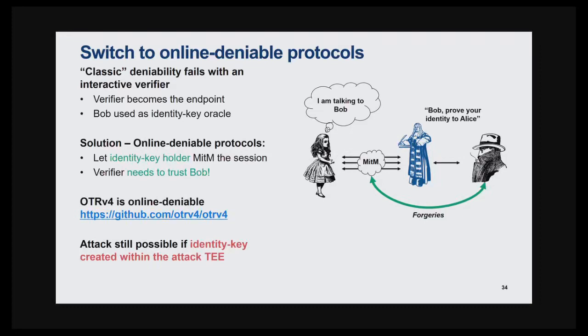So as long as that identity key is the only thing that allows messages to be forged, if you protect it inside the TEE, then it's still possible to do this attack. But the result is that if you switch to an online deniable protocol, if you install a messaging app and create your identity keys, then someone who later on attacks you by compromising your mobile phone, say, they can no longer do this type of attack using attestation.